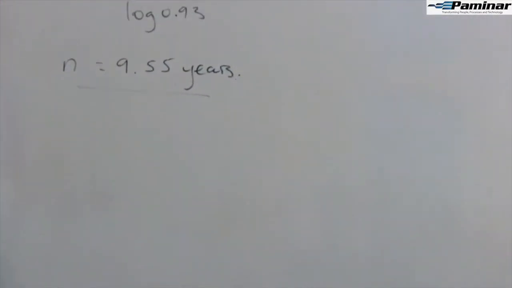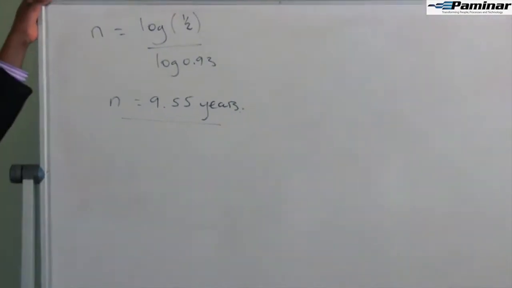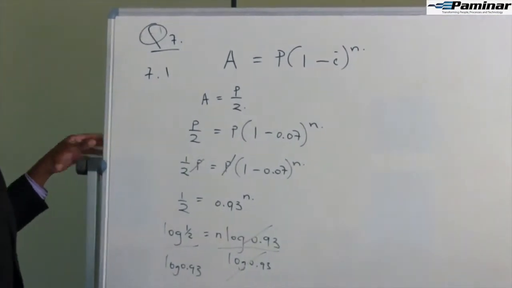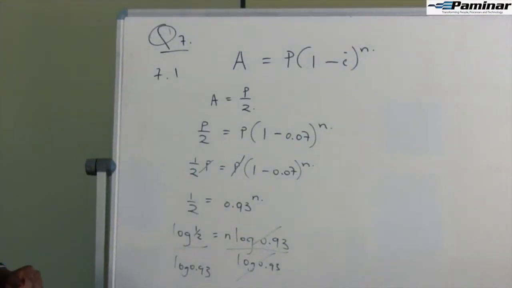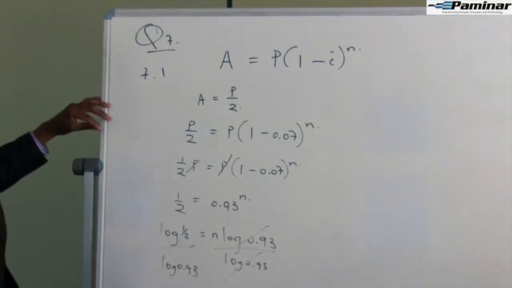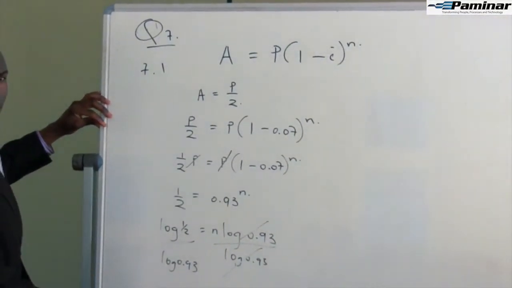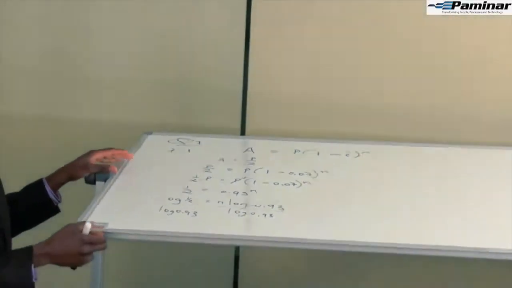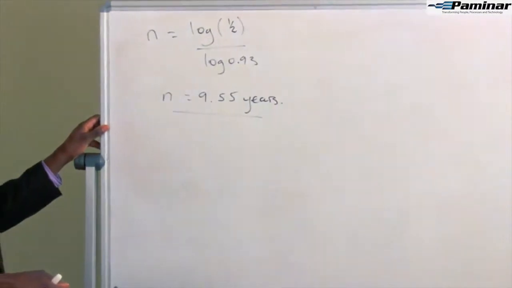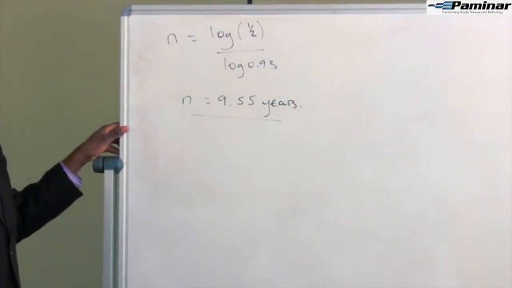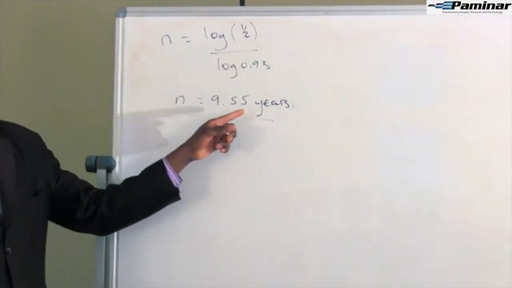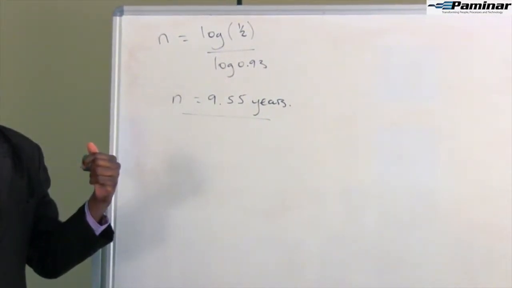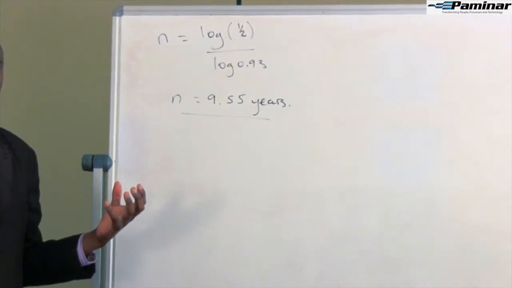Clear? Do we not have to convert? When it says 9.55, is it wrong if we take the 0.55, since you already know it's 9 years, and multiply it by 12 to get months?